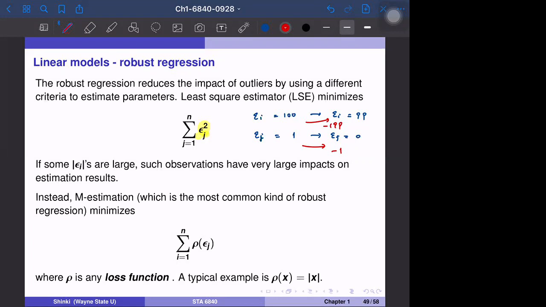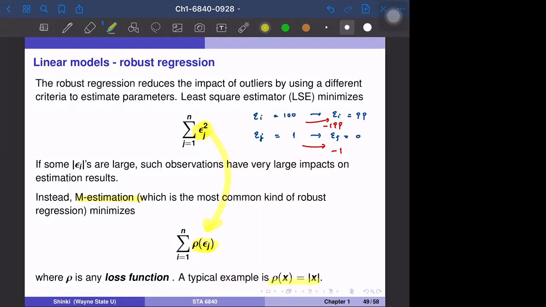So the idea of robust regression is we use a more robust function instead of the square function. In general, we use rho of epsilon. We can use this as M estimation. So basically, we change the square function to rho of epsilon, where rho is some known fixed function.